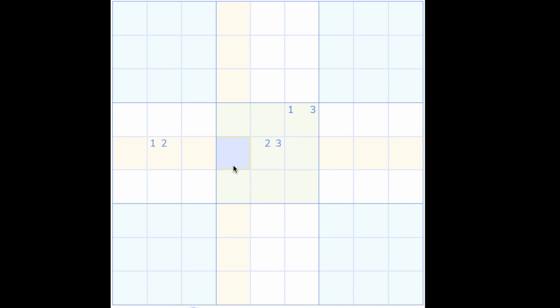Now as I said, it doesn't matter. So let's do it like this. Supposing the 2, 3 is here and the 1, 3 is here like this. So if we've got the same pattern, and this is off at a diagonal here.